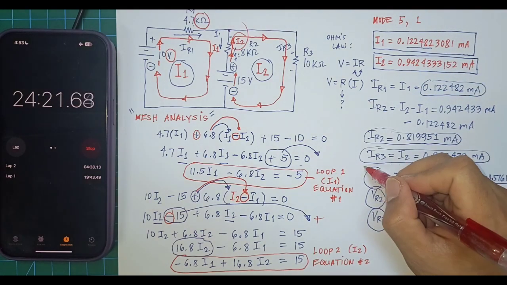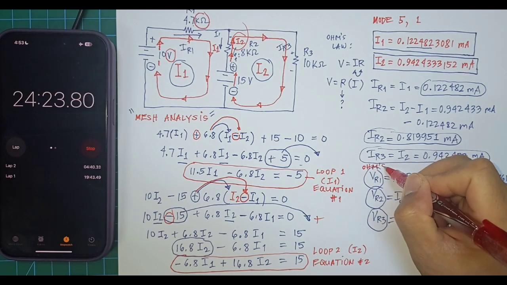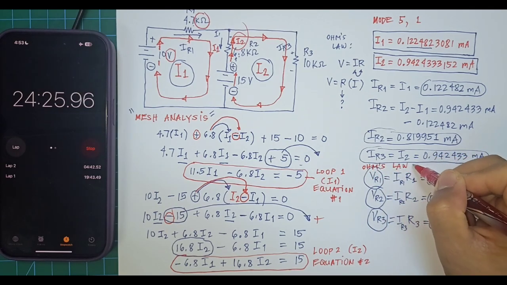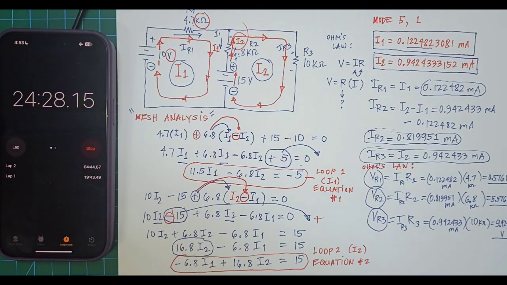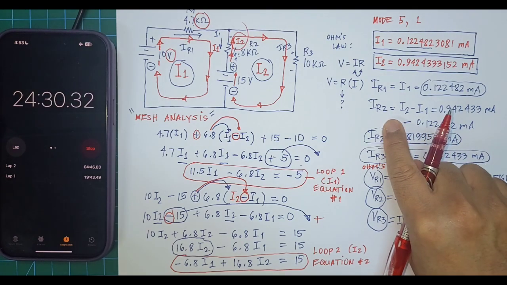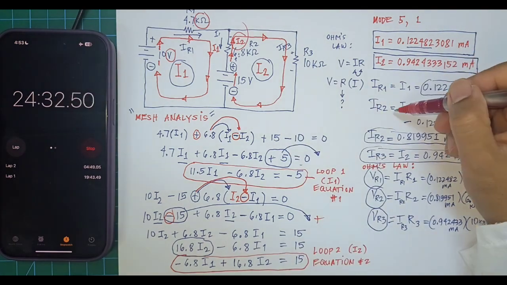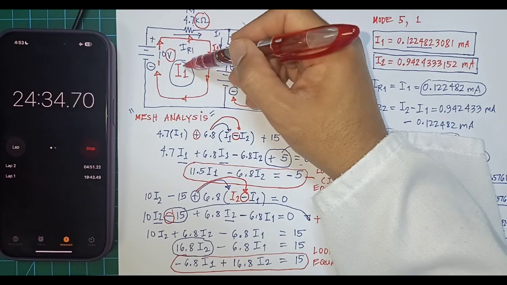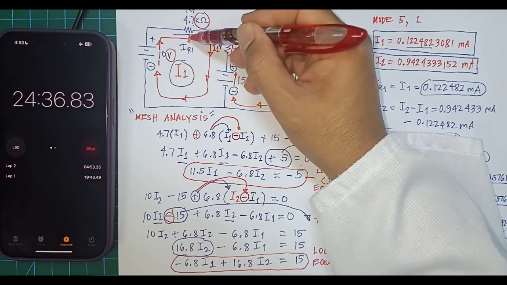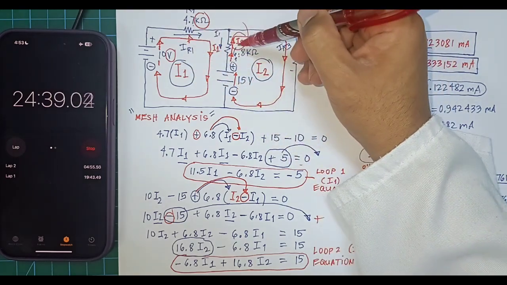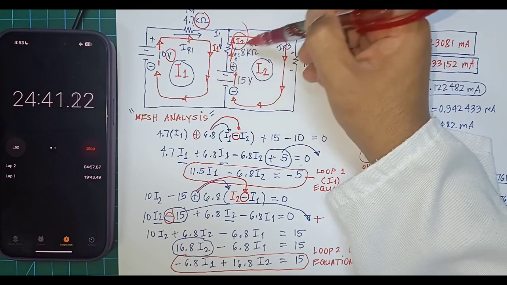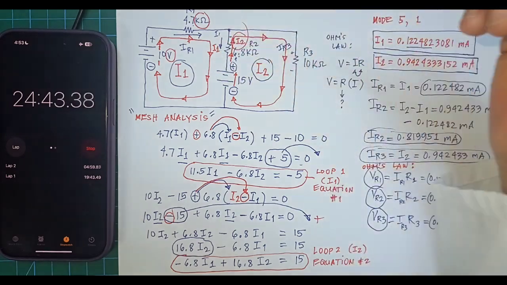We used Ohm's law here just to get the voltages. And what we used here for IR2 is the analysis that the current I1 and the current I2 have different directions.